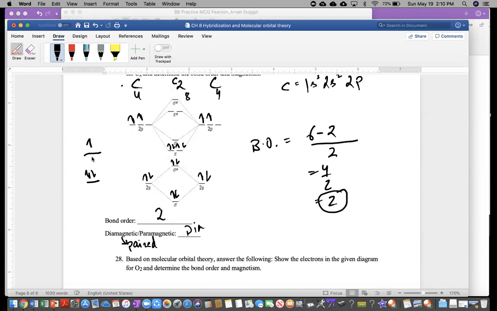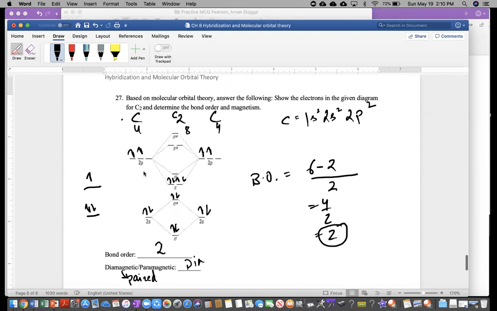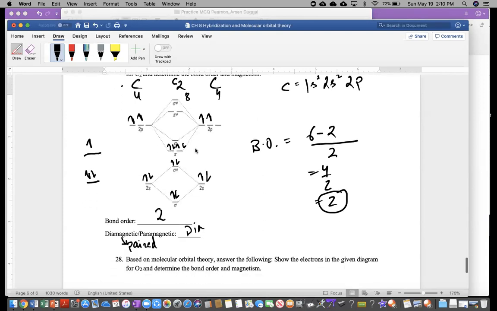Don't look at the atom itself, look at the molecule, the C2. The question is asking, for C2, what is the bond order? Is it paramagnetic or diamagnetic? So your focus is here. You see this is paired, paired, paired, paired. Everything is paired. If everything is paired, then it's diamagnetic.